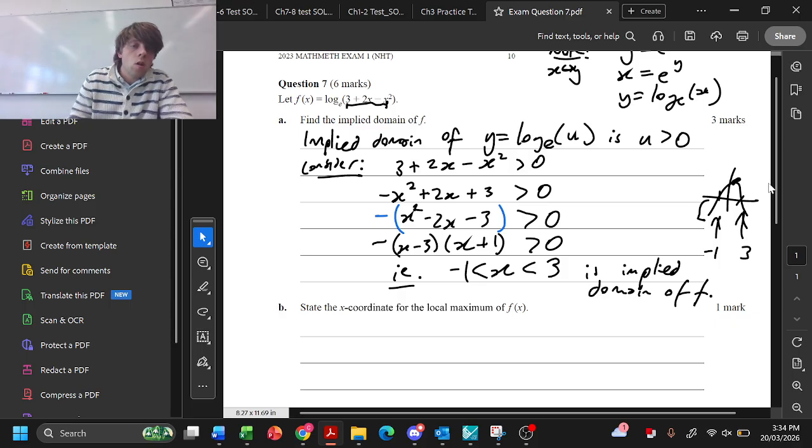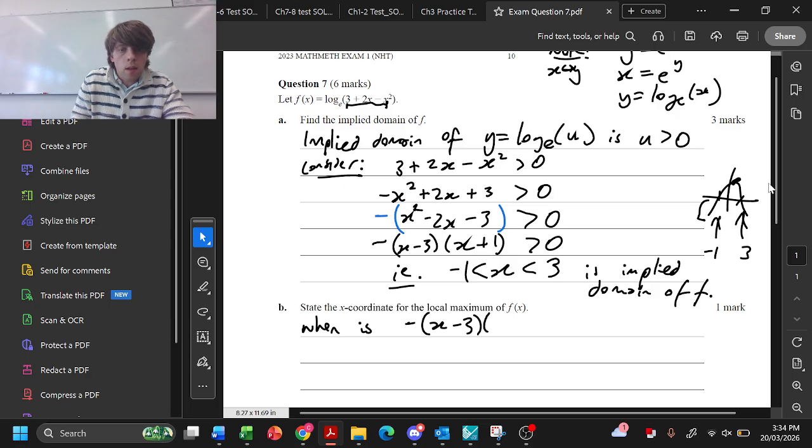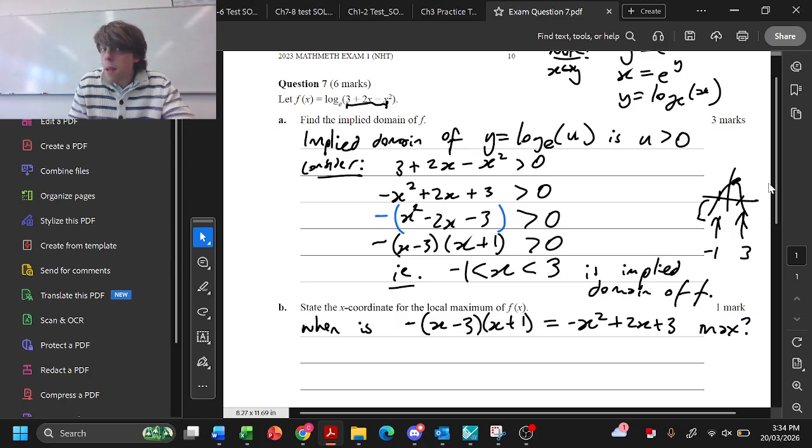So let's consider, when is that quadratic term, x minus 3, x plus 1, which is the same as -x squared plus 2x plus 3, a maximum? If we consider our graph, we have two x-intercepts, one at -1 and one at 3.